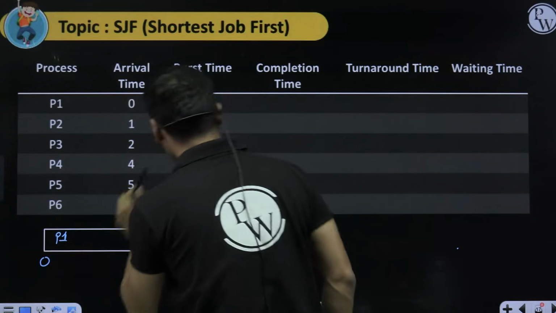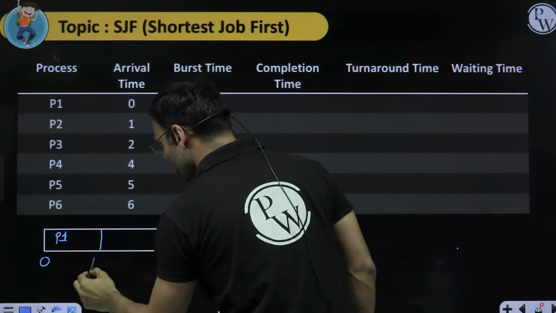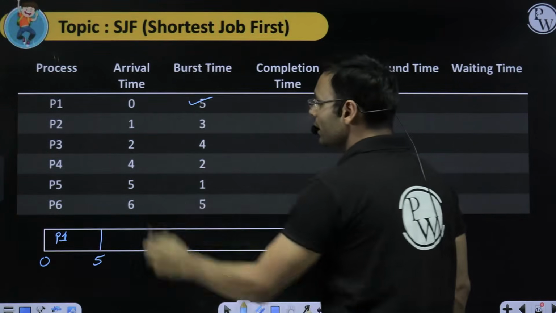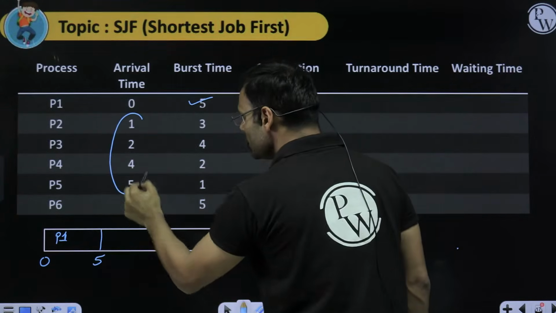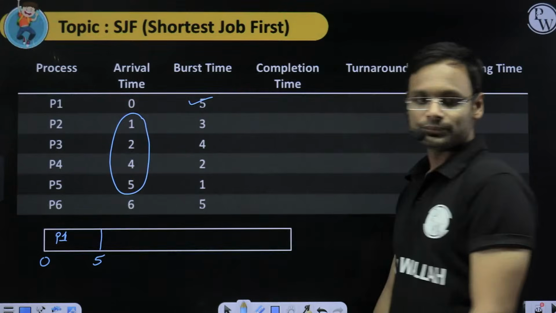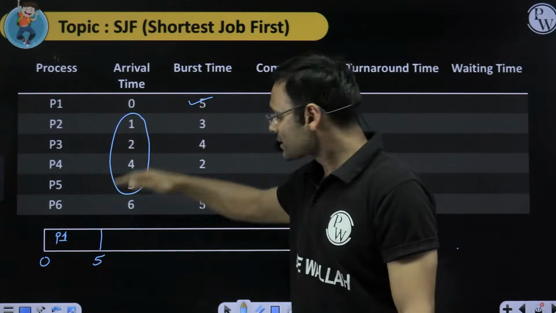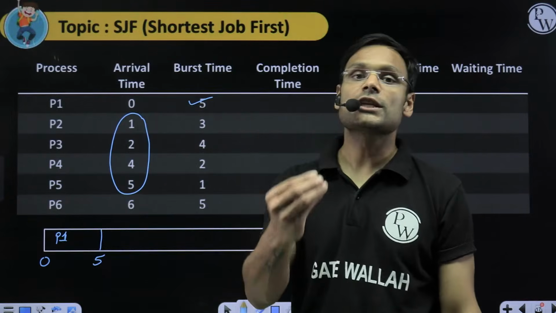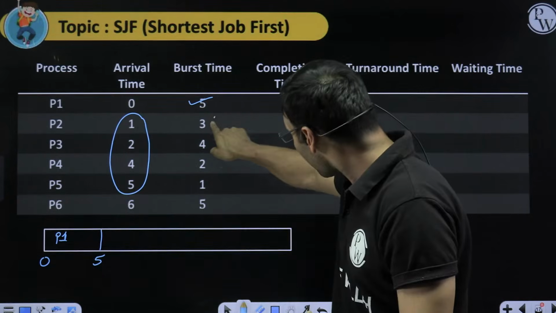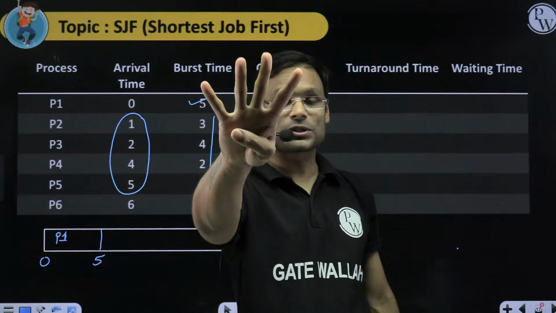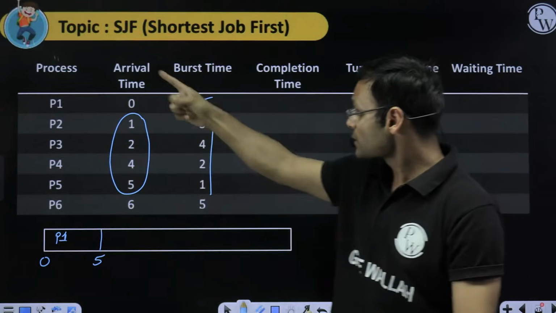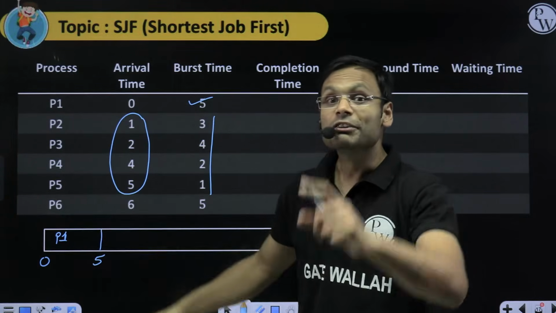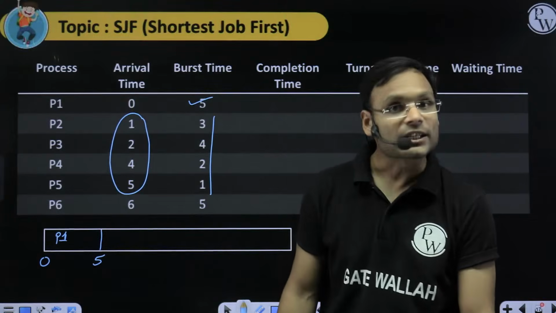P1 process till 5 time unit. After that, till 5 time unit, these processes have arrived. When all these processes have arrived, which is the smallest process? Now I have a choice of 4 processes. Among these 4 processes, P2, P3, P4, P5, which is the smallest one I can select?